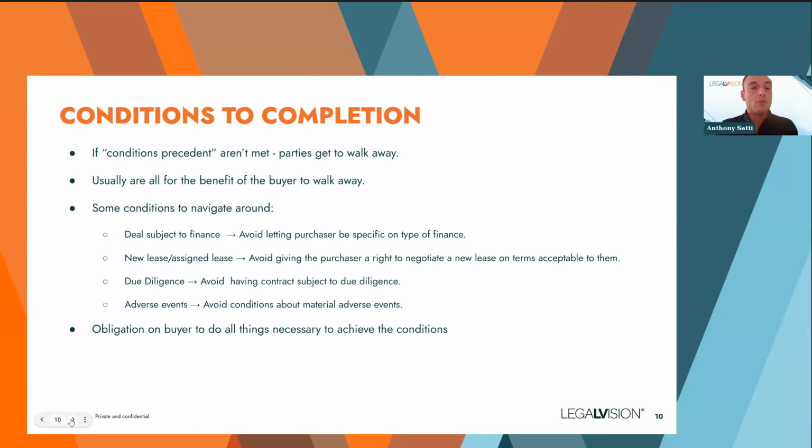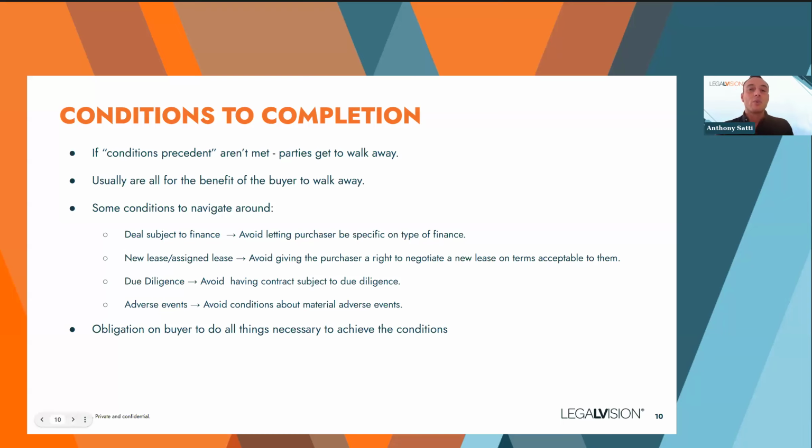Another example is that there might be a condition precedent around the existing lease of the business. Maybe the buyer wants to enter into a new lease or wants the existing lease to be assigned over and varied.